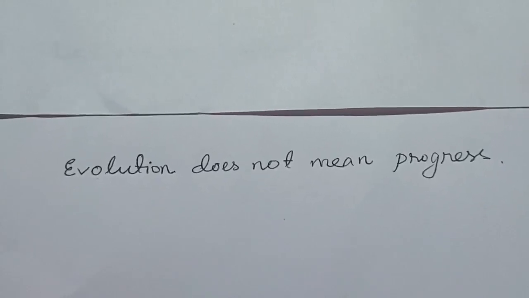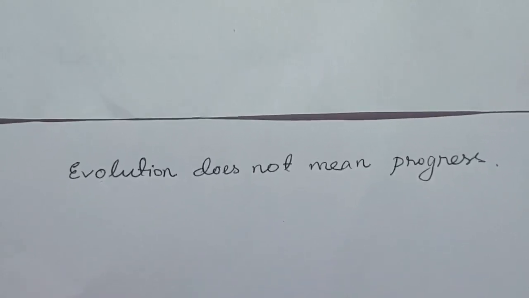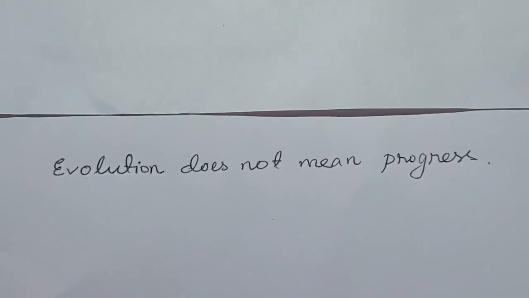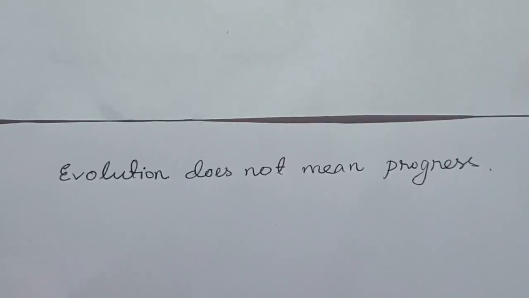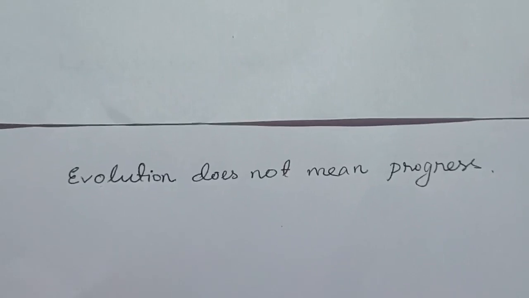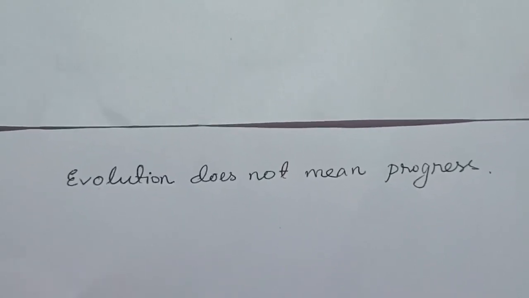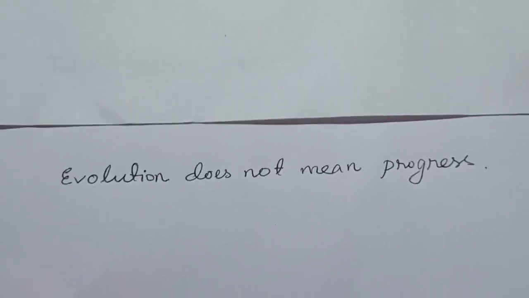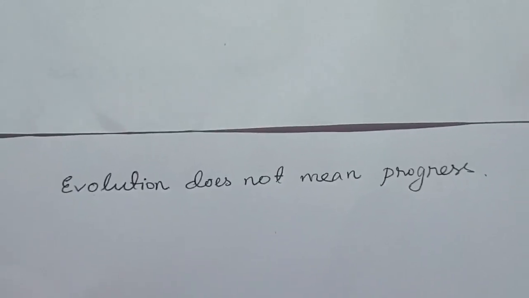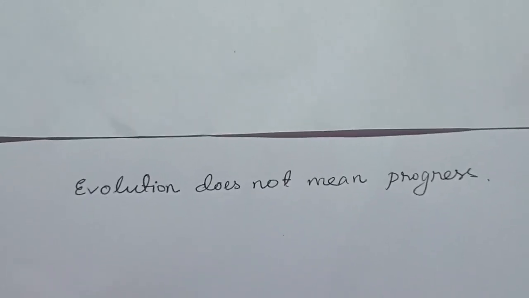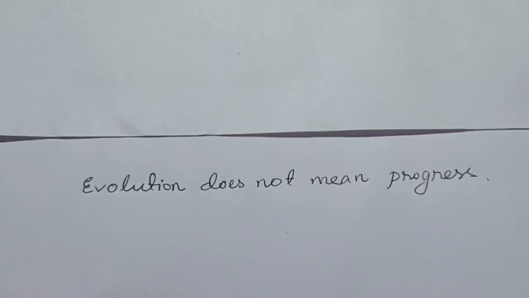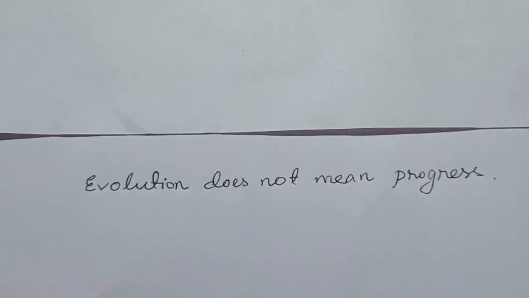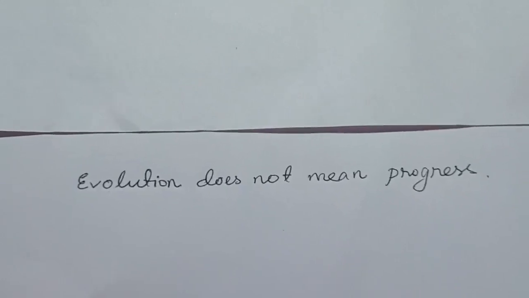Some bacteria can live in very hot climate, in less oxygen, in the depth of a sea, but humans cannot. So evolution does not mean progress. Some evolution may bring progress, some may not, so it depends, and we cannot guarantee progress by just evolution.